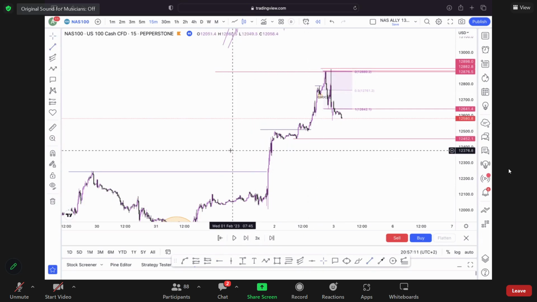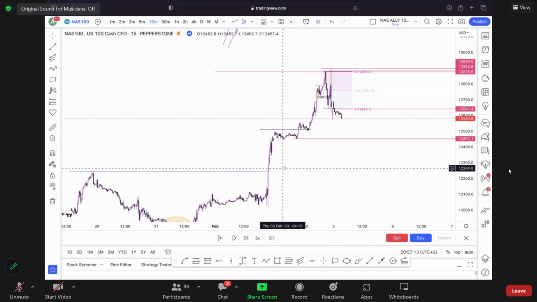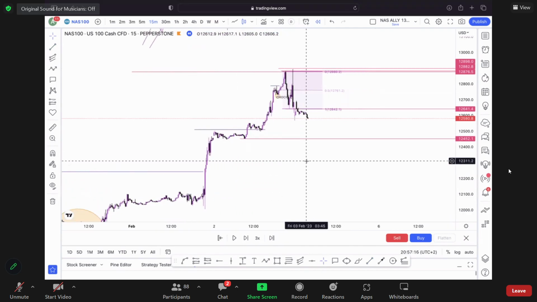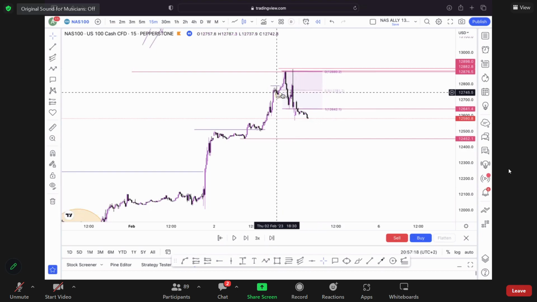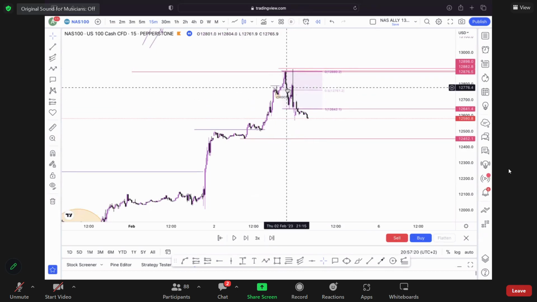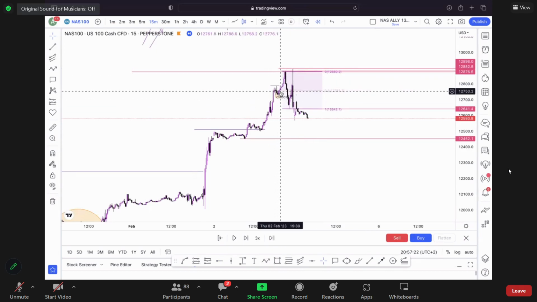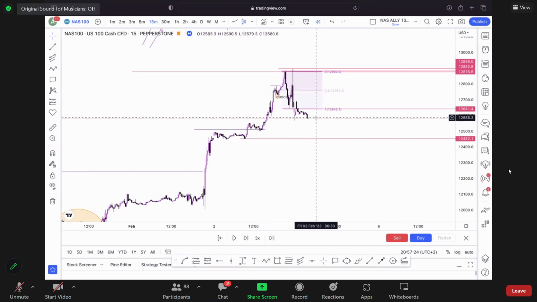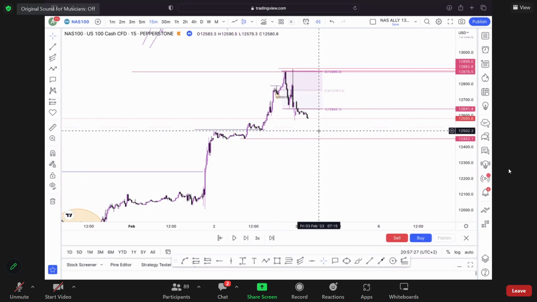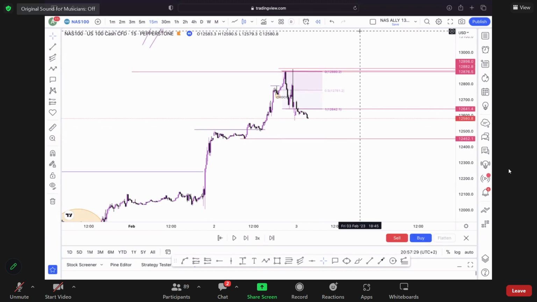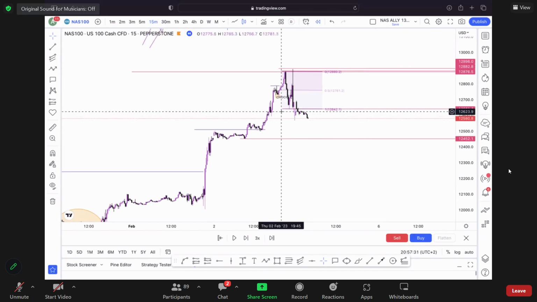So you can see how the swing structure starts to get smaller. Okay, now remember what I said to you is that the fractal structure can tell you that we're changing character, but then we end up coming to the swing structure's low and we can continue to push to the upside. Okay, so look what happens here.